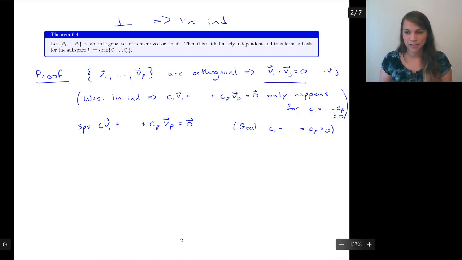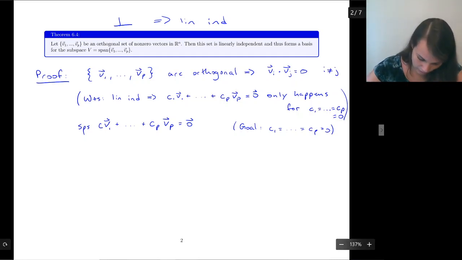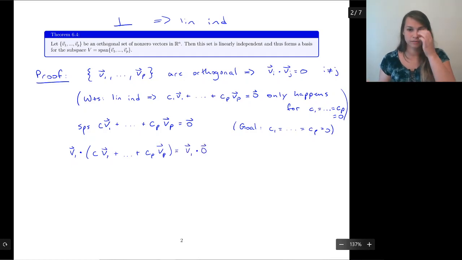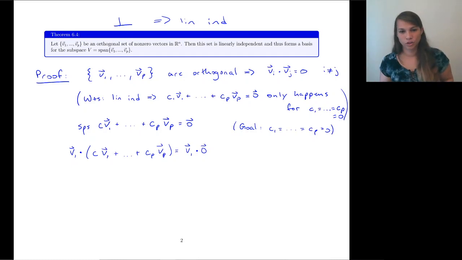All right, the only thing we know is that the dot product is 0, so let's go ahead and use it. Let's dot v1 on both sides, because both sides are vectors, so we can do that. So what do we get?